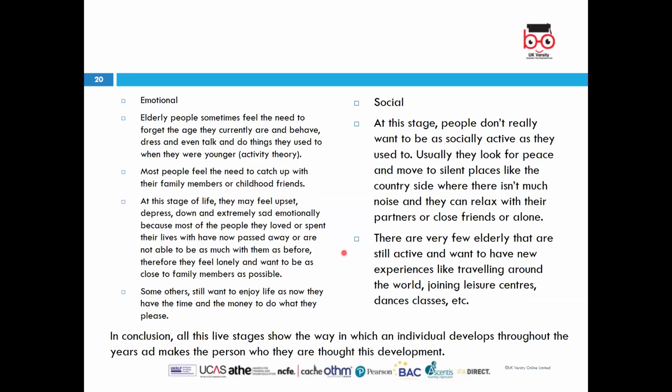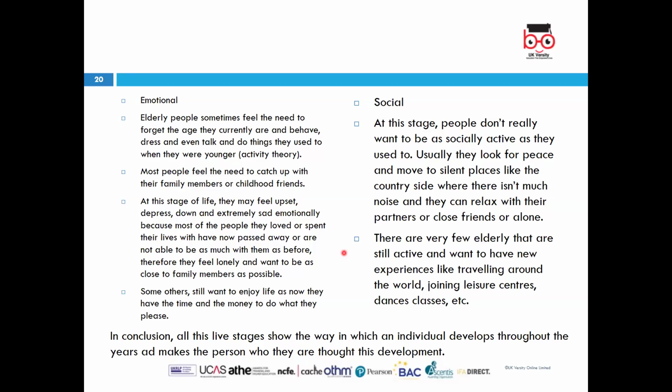Maybe there's family they've lost before, or a loss of job and of whatever they were doing earlier. Because of this, they might feel depressed, they might feel lonely, and that the world is not going the way it was going.